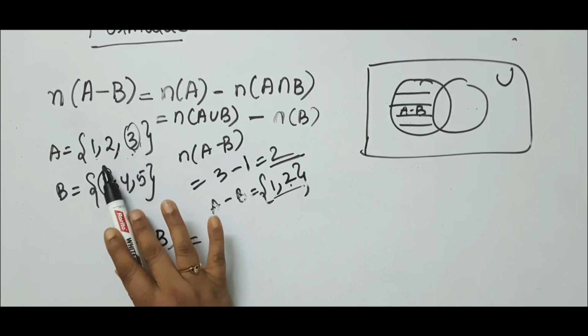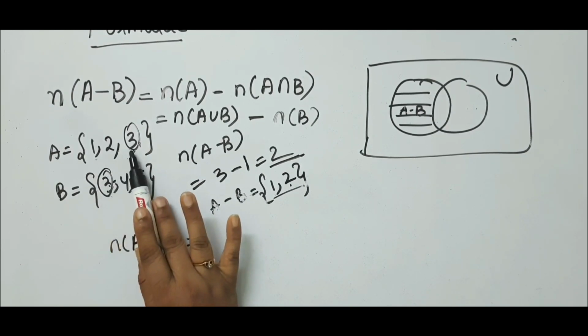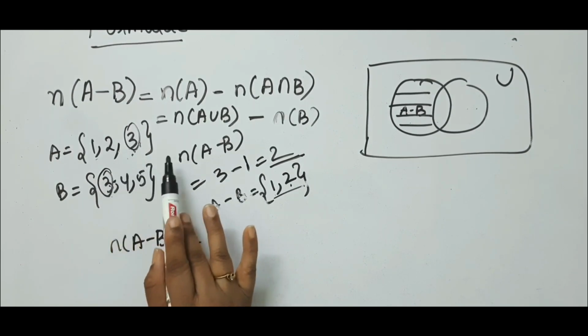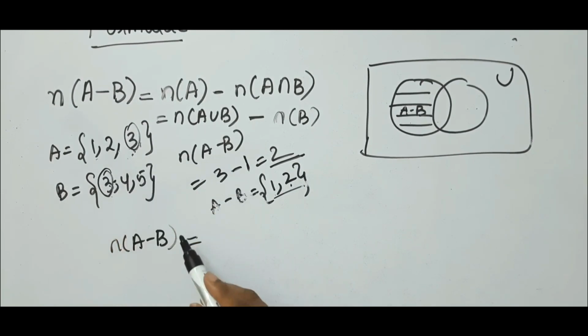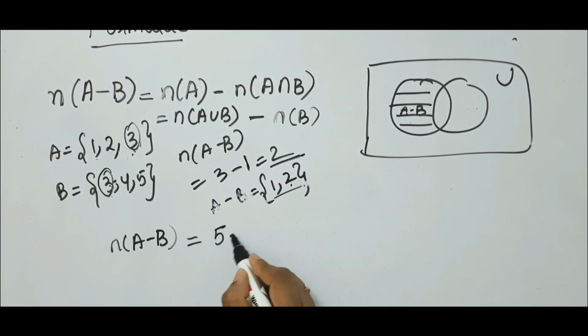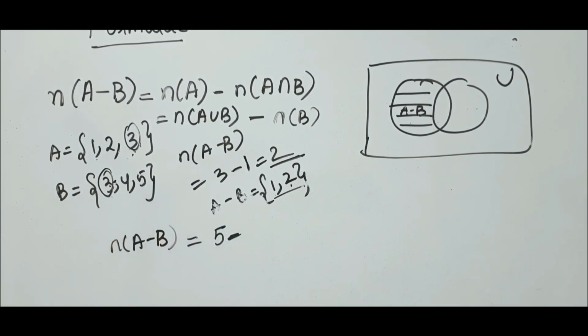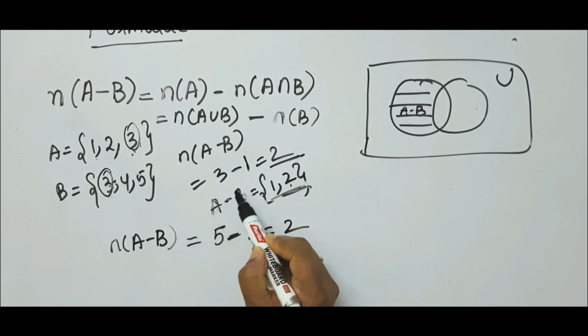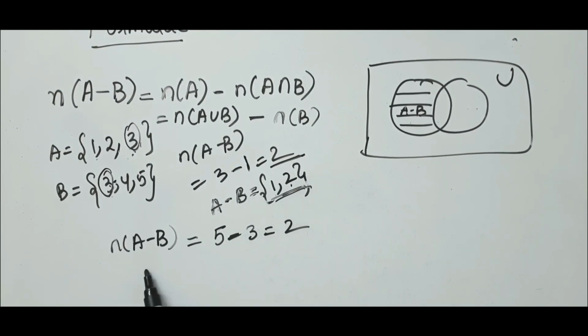A union B means it contains all the elements of A and all the elements of B. If the common element is already counted, there is no need to count it again in A union B. So 1, 2, 3, 4, 5. So 5 minus the number of elements of B, which are 1, 2, 3. So here 3. 5 minus 3 is 2. So we got 2. Is it not? In this way also we can do it. A minus B, when done in set format, we got 2 elements. Here also we got 2.